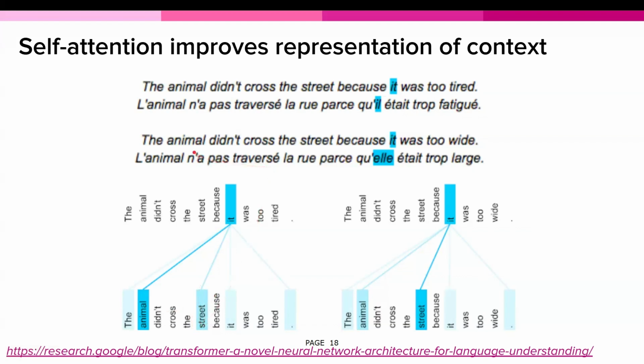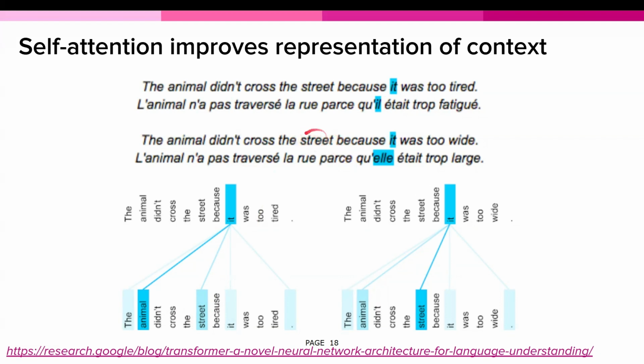On the other hand, if the input sentence was: the animal didn't cross the street because it was too wide, in this case we could infer that the animal was trying to cross the street, but the street itself was too wide, and so the animal didn't want to take the risk.